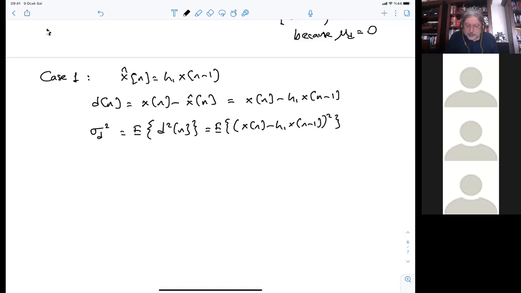And for that, we use algebra, of course. It is like a plus b in parentheses squared.